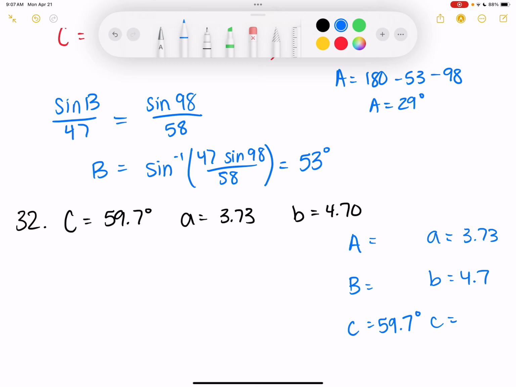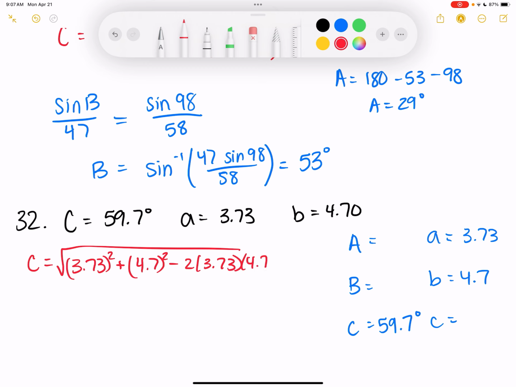So I've got C equals the square root of 3.73 squared plus 4.7 squared minus 2 times 3.73 times 4.7 times the cosine of 59.7.